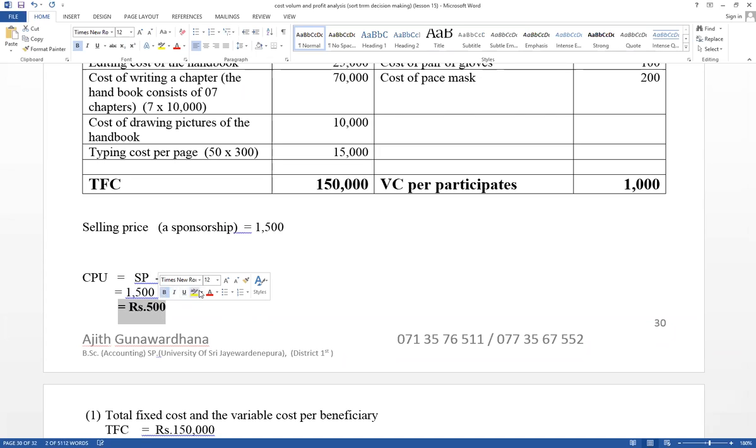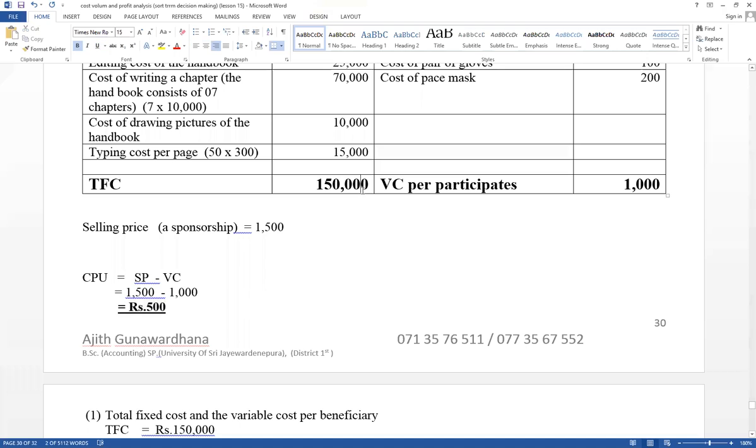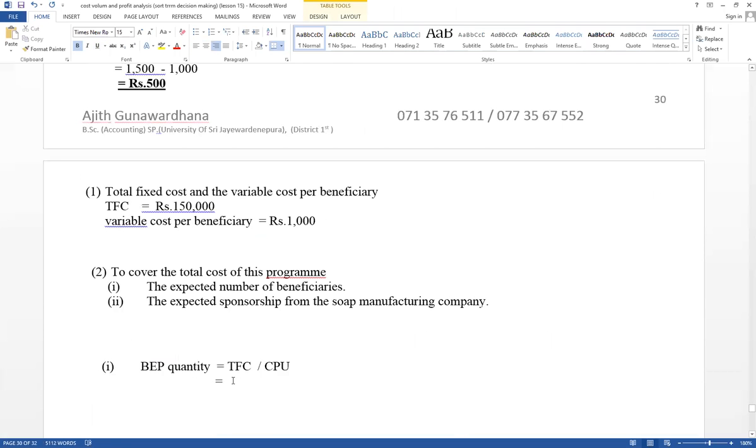They ask break-even point quantity. Right now, total fixed cost we know. Therefore, total fixed cost equal 150,000. Contribution per unit equal 500. Therefore, this is the break-even point quantity.